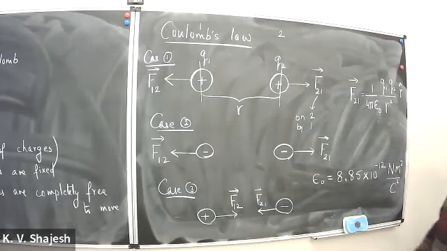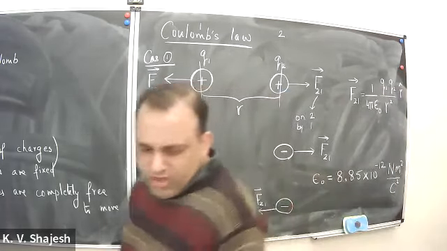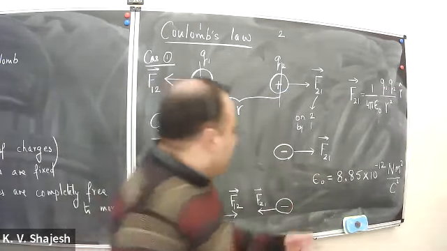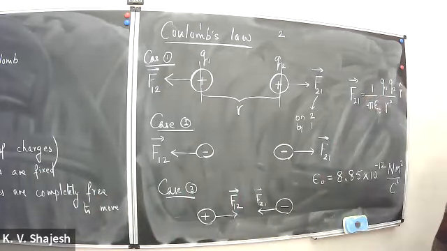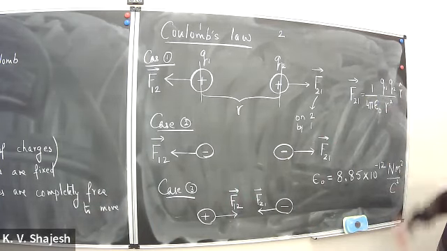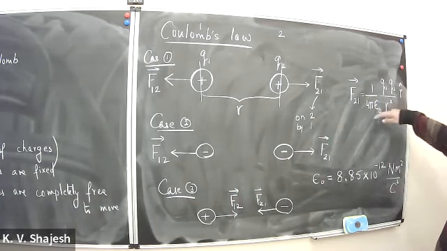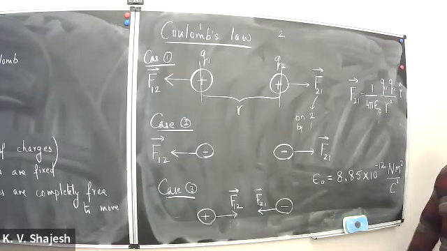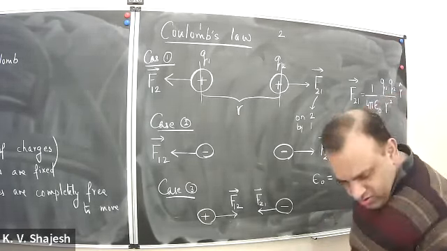You will notice that at least in the first few weeks, we will always have this 1 over 4 pi epsilon sitting in front, and it becomes a burden to always do the calculation. So it is good to give this whole 1 over 4 pi epsilon a number, and often that's what you do.